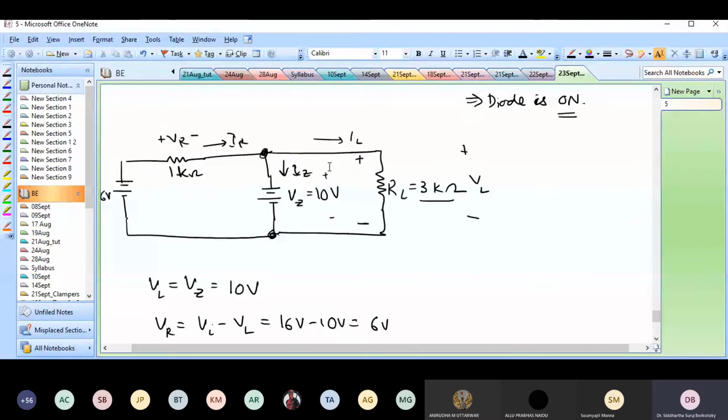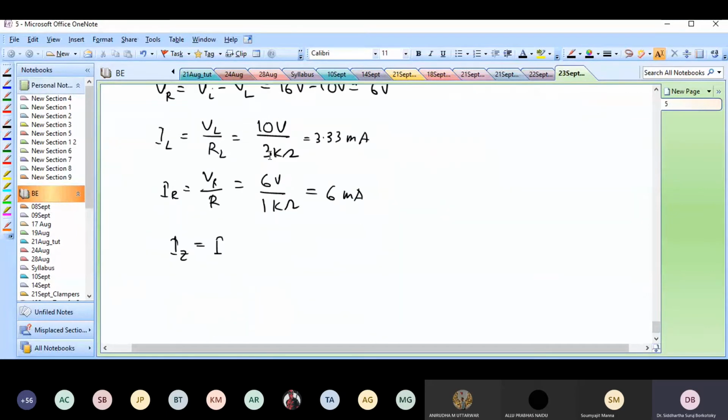Whatever current is flowing into this terminal, let's call it terminal A, has to equal the sum of the currents flowing out of terminal A. So IZ plus IL has to be IR, so IZ would be IR minus IL. That's just 6 milliamperes minus 3.33 milliamperes, which is 2.67 milliamperes. So I now have all these parameters of interest.